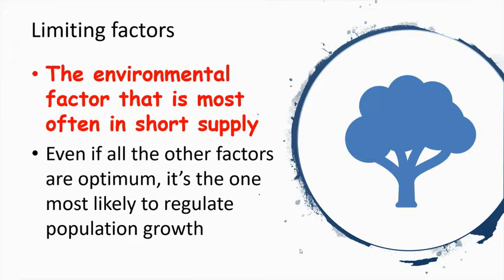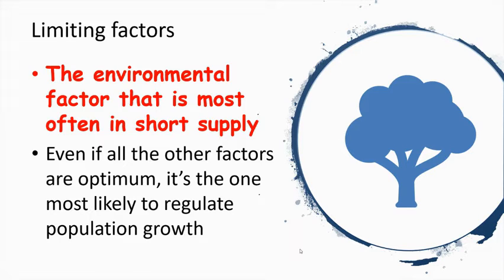So because there is a range of tolerance, there are what we call limiting factors. A limiting factor is specifically the environmental factor that is most often in short supply. So for example, in a desert, you could have a tropical desert, or you could have an Arctic desert. But in both cases, usually the thing that is in short supply is the rain.